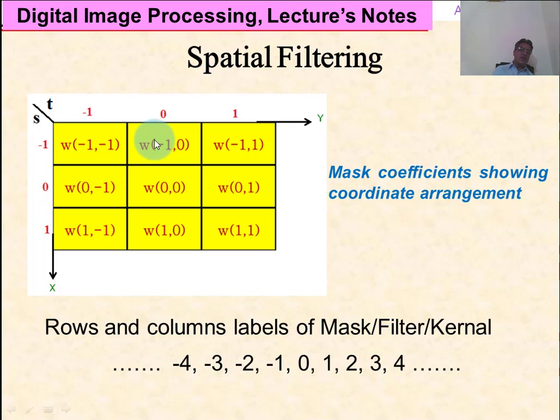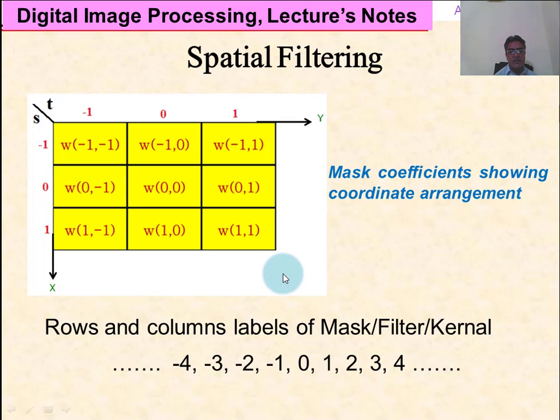The value stored at this location of the mask will be multiplied with the corresponding value of the input image, and similarly the -1 and -1 index location will take the value of the mask from this location and multiply it with the corresponding value of the input image.